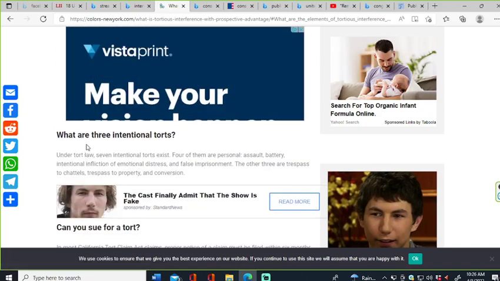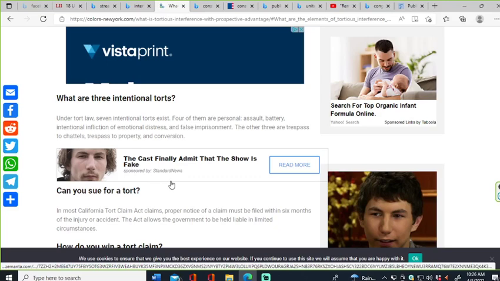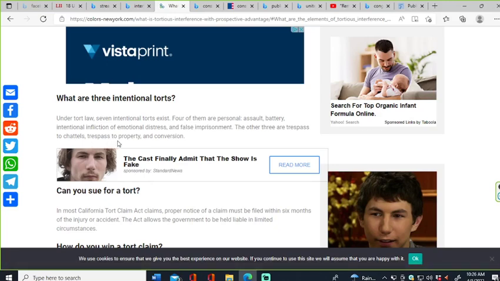It says, what are the 3 intentional torts? Under tort law, 7 intentional torts exist. 4 of them are personal: assault and battery, intentional infliction of emotional distress, and false imprisonment. The other 3 are trespass to chattel, trespass to property, and conversion.